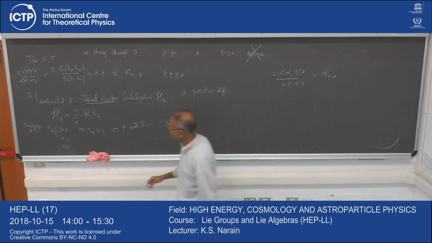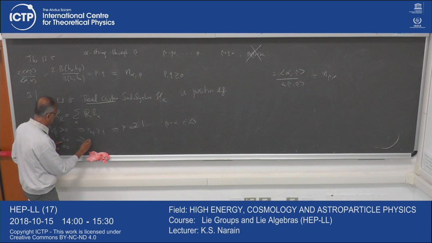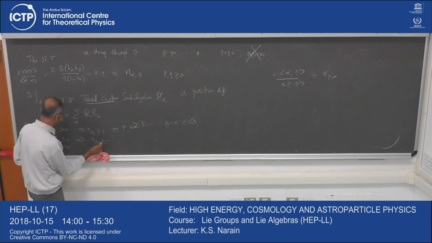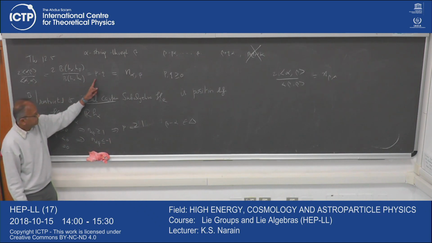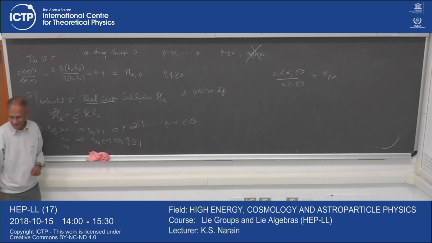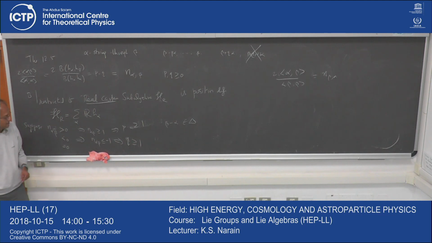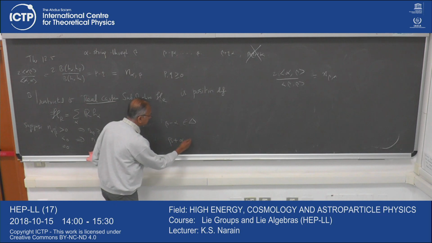You can of course do the other way. Suppose n alpha beta is less than 0. This implies that n alpha beta is less than or equal to minus 1. And again, by the same argument, this implies that Q should be greater than or equal to 1, and this tells me that for sure beta plus alpha belongs to delta.